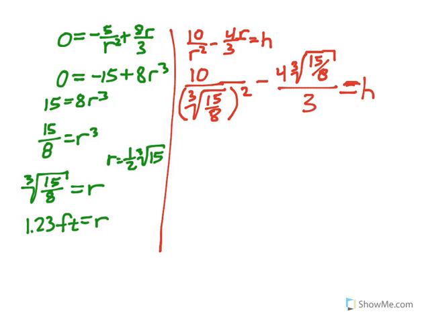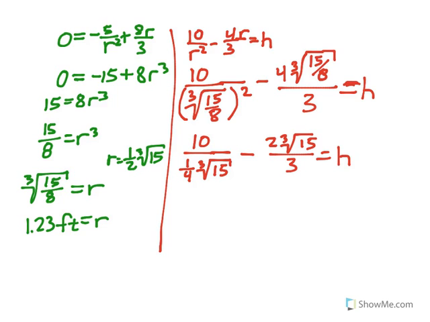So let's see, factoring out the 1/8 and then squaring it, that's going to be the same thing as 10 over 1/4 times the cubic root of 15, minus, and then doing the same thing up here, that's going to be 2 times the cubic root of 15 over 3, is equal to h.